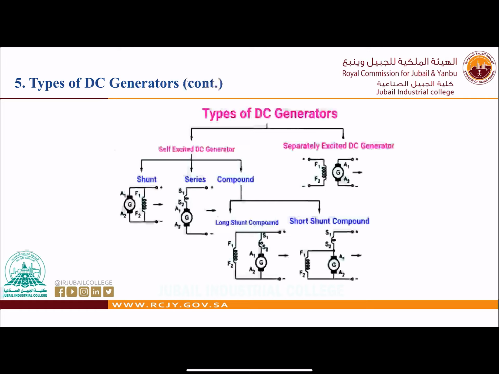So the types of DC machines, DC generators, we have two main types, which are separately excited DC generators. We will have an armature winding and a field winding, and this field winding is supplied by a battery, okay?